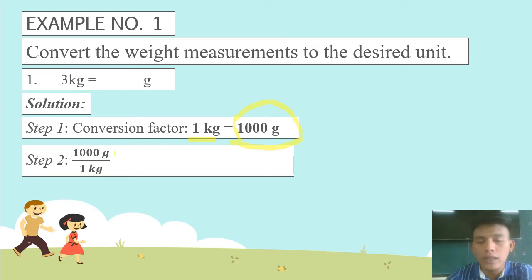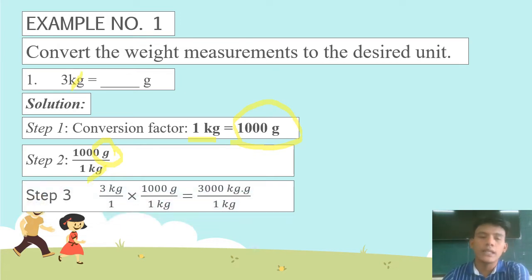Why do we put 1,000 grams in the numerator? Because our desired unit is grams. And 1 kilogram will be put in the denominator so that we can cancel out kilogram to kilogram.